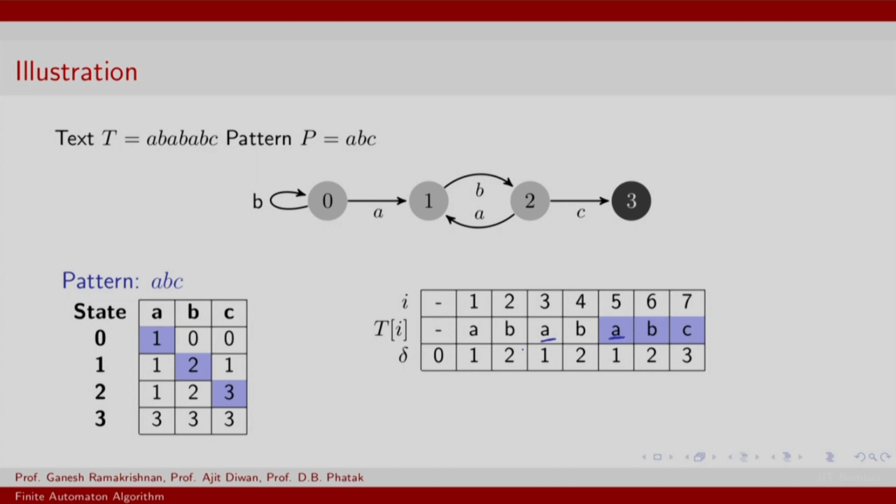So we did save at least 2 computations or matches which a brute force algorithm would have incurred.